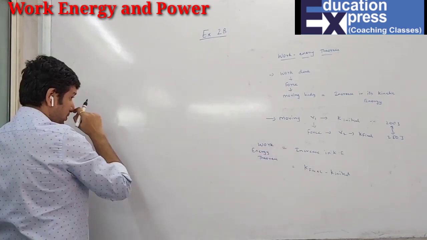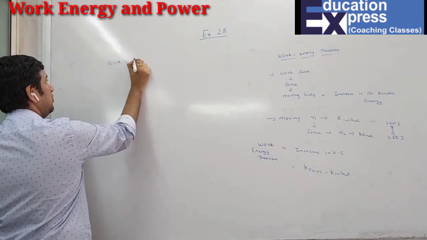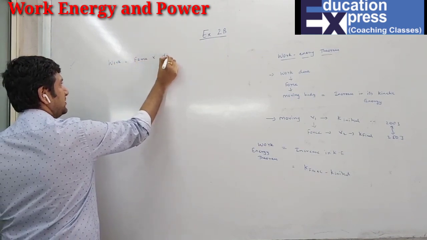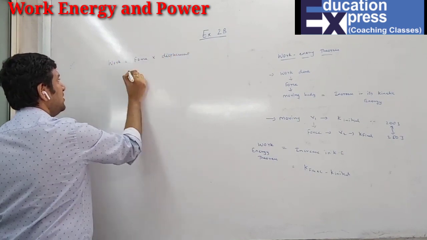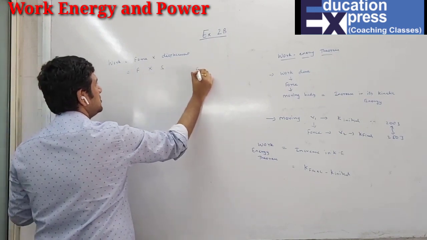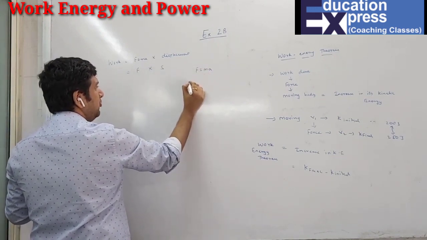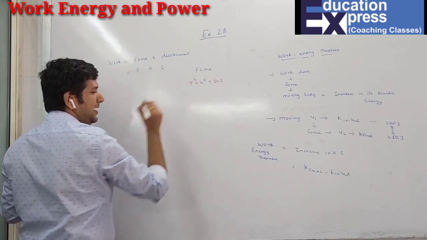Now let's start. The work done is always equal to force multiplied by displacement. As we know, force is ma, and to find the displacement we'll use the third kinematic equation, v square equals u square plus 2as.